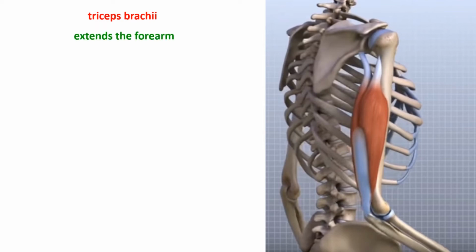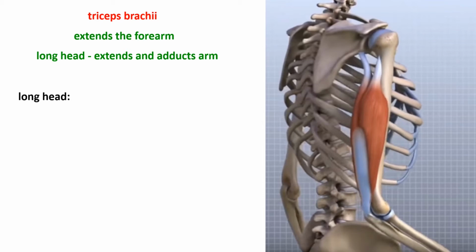It extends the forearm at the elbow joint, plus the long head extends and adducts the arm. Why? Because it comes from the infraglenoid tubercle and it crosses the shoulder joint. Therefore, it extends and adducts the arm.